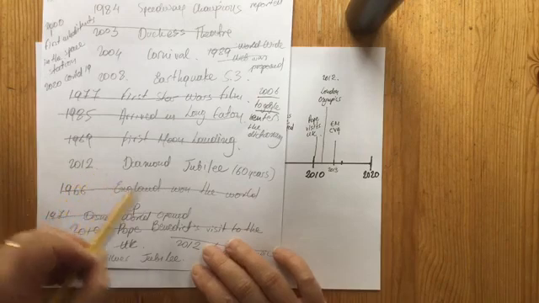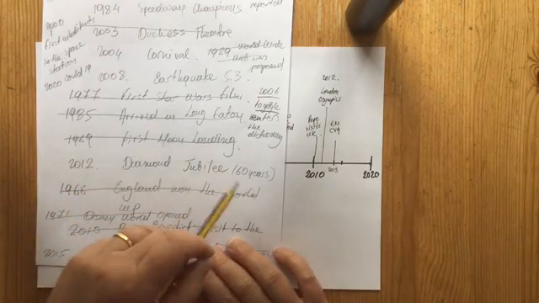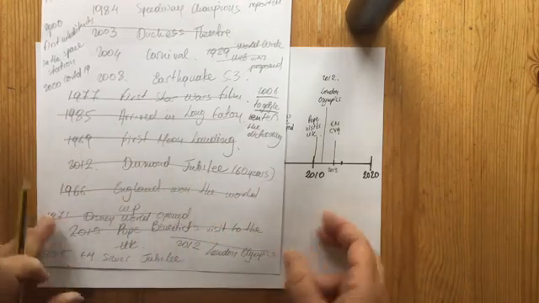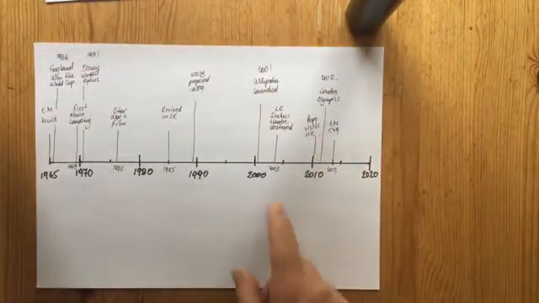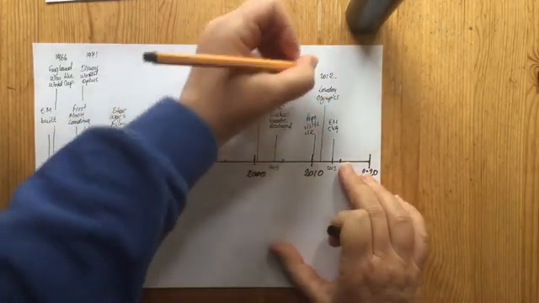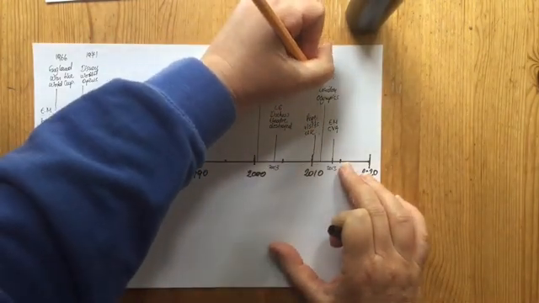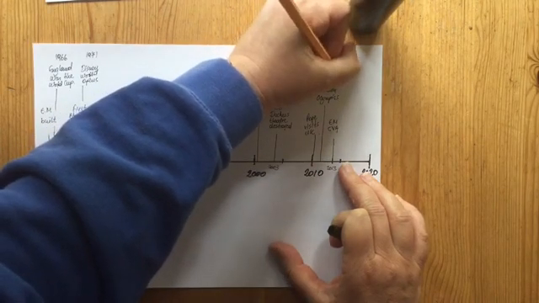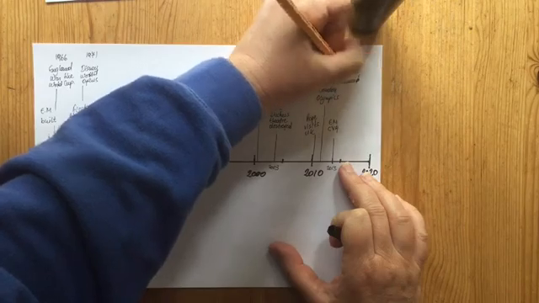So in 2012, our Queen ruled for 60 years. That was a very important event. 2012, same year as the London Olympics, Queen's Diamond Jubilee.